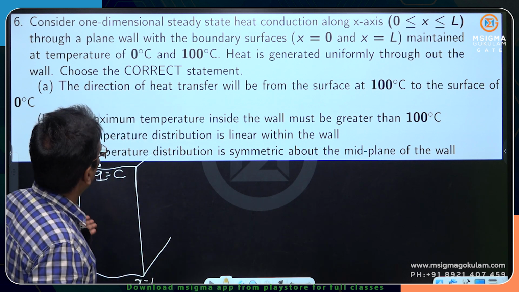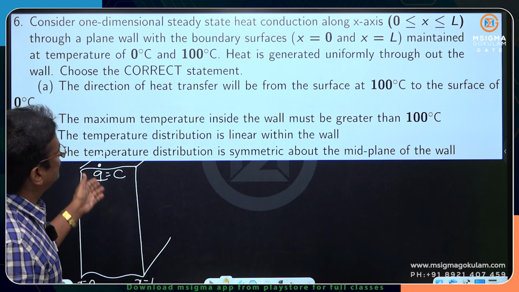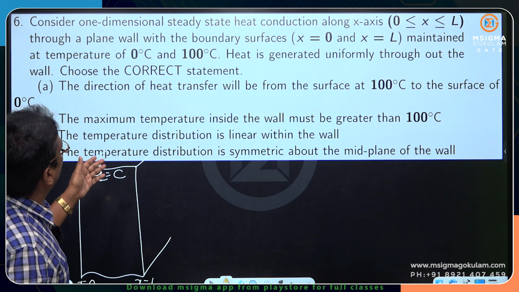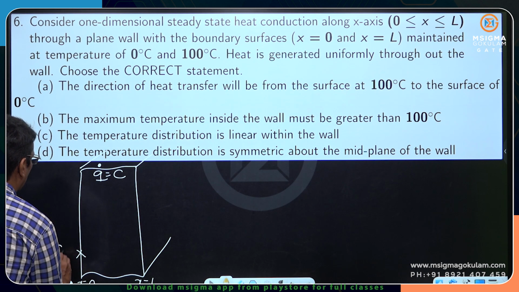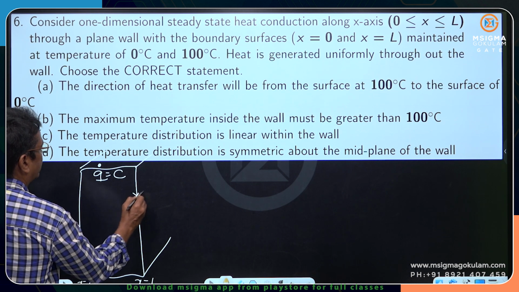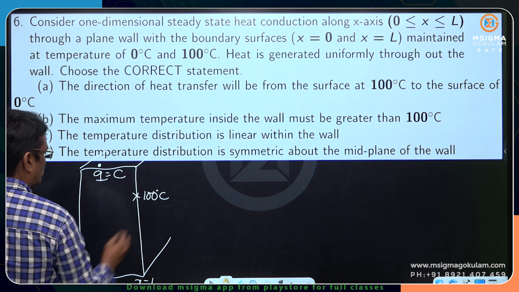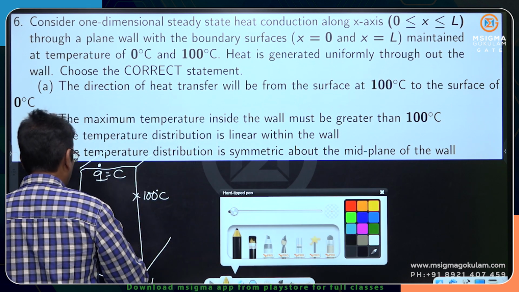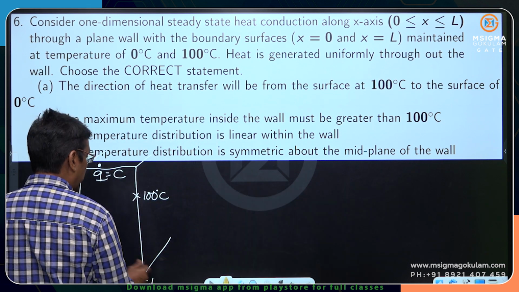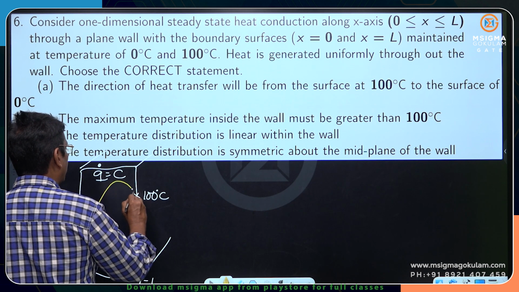So, this is a uniform heat generation and heat is generated uniformly and the left hand side temperature is maintained at 0 degrees Celsius. Right hand side maintained at 100 degrees Celsius. That means both sides the temperatures are different. I already said when the temperatures are different and nothing is insulated, you will get the unsymmetric parabola.